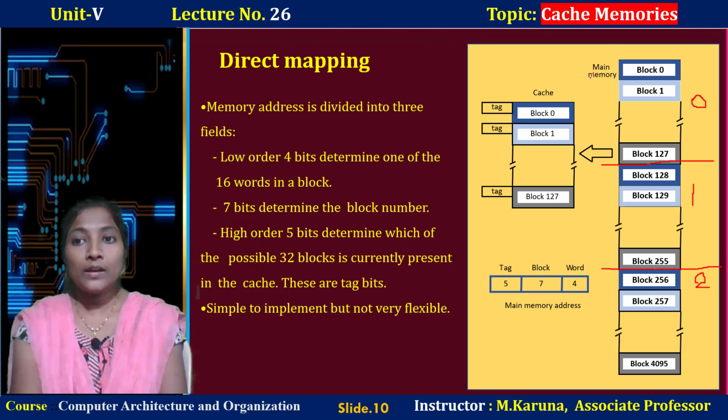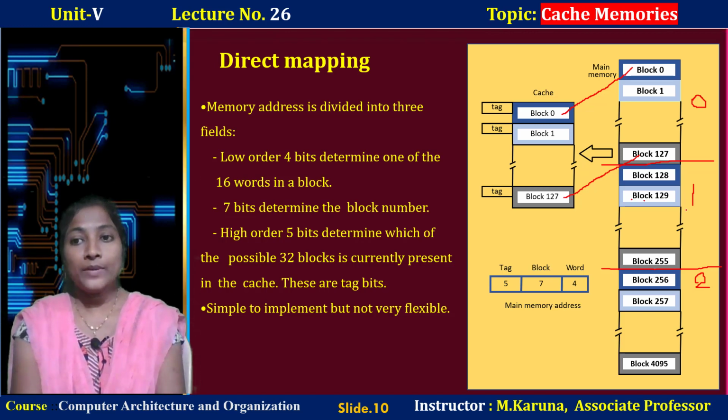Here, from this first group, block 0 is transferred to the space of block 0 of cache memory. So this block 0 is stored in the block 0 space of the cache memory. Next, block 127 is stored in block 127 space of the cache memory.